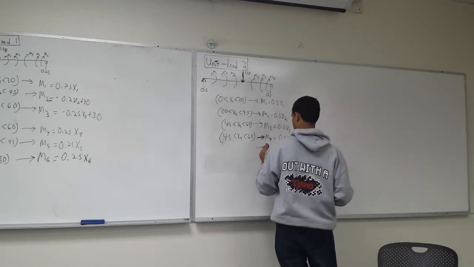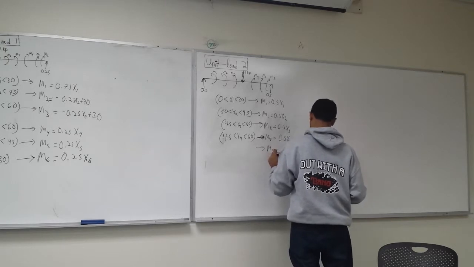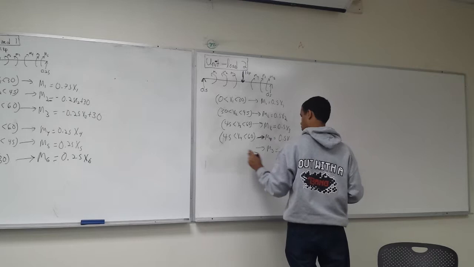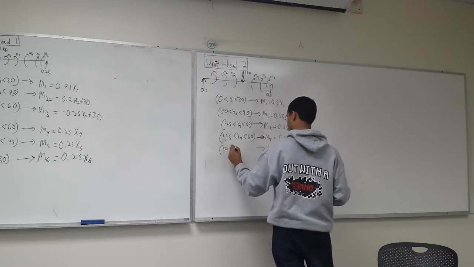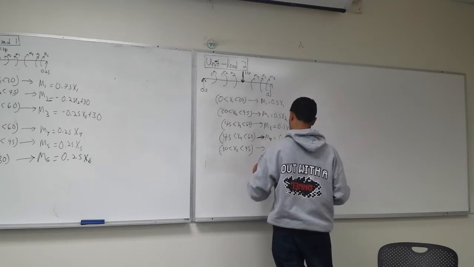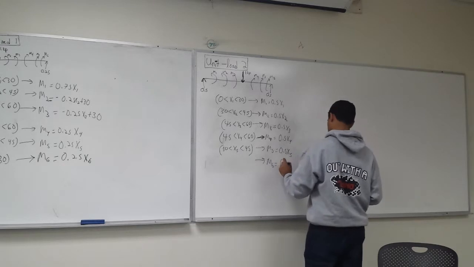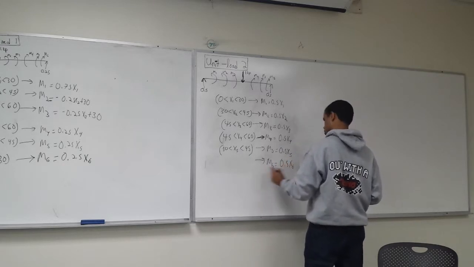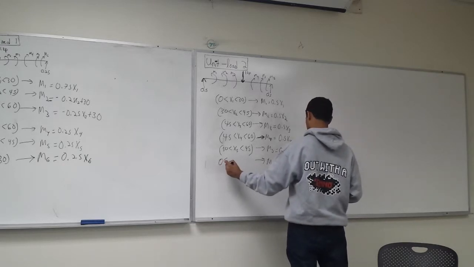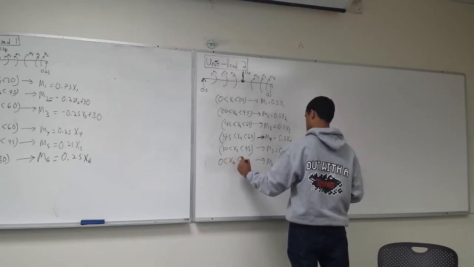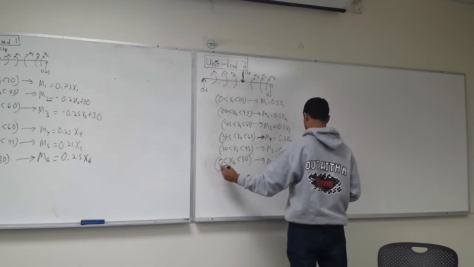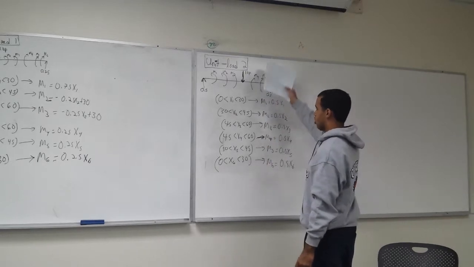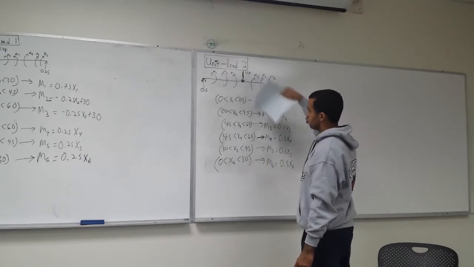For M5, we have 0.5 times x5 from 30 to 45. Then M6 is 0.5 times x6, from 0 to 30, going from right to left. These are our expressions for unit load 2.